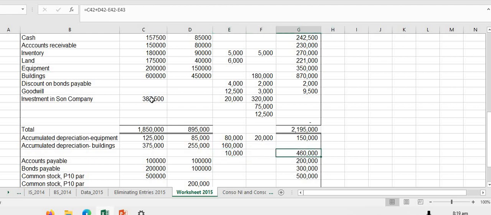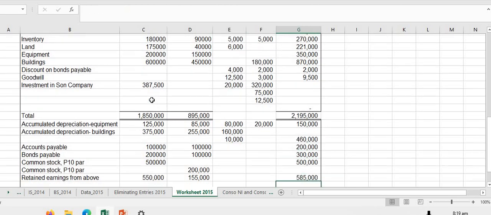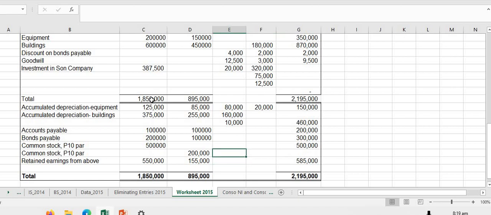You have 460,000. Okay? So, yung accounts payable natin, you have 100 plus 100, that's 200,000. Bonds payable, 300,000. Common stock, 500,000. Ito, may eliminate pala itong si 200,000. Yan siya. And then, your retained earnings from above, that's 585,000.